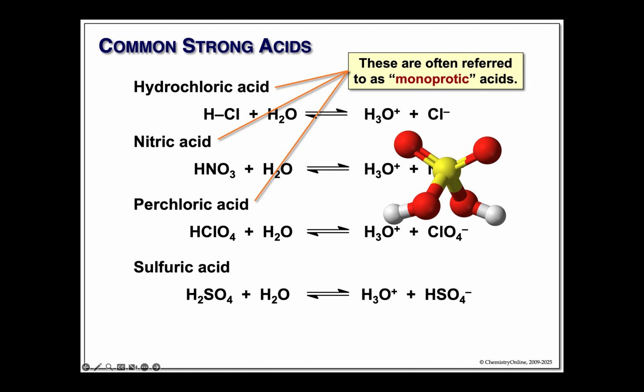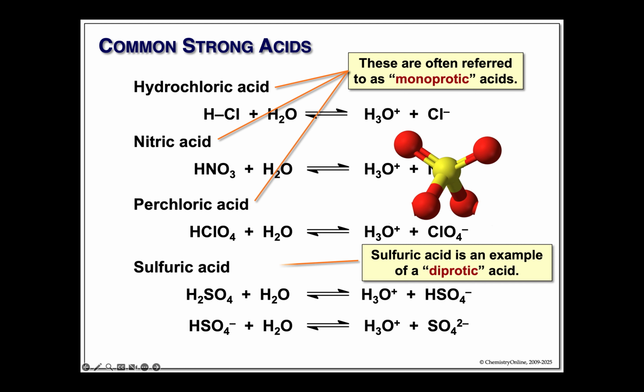So what we do is we lose one of these guys. Hydrogen sulfate turns out to be an acid. It can ionize as well, and when it does, you're left only with sulfate. This is a diprotic acid, 2 moles of hydronium per mole of sulfuric acid.